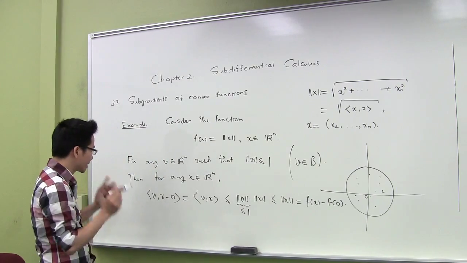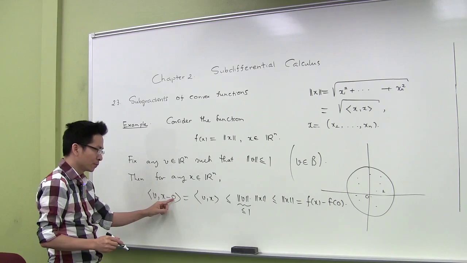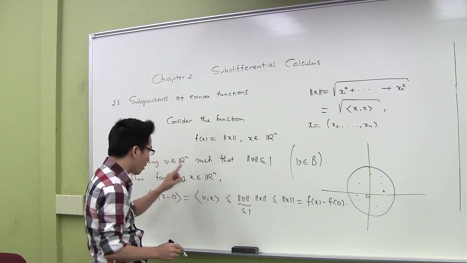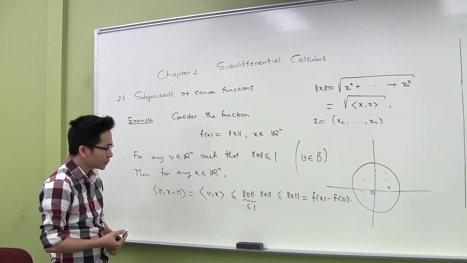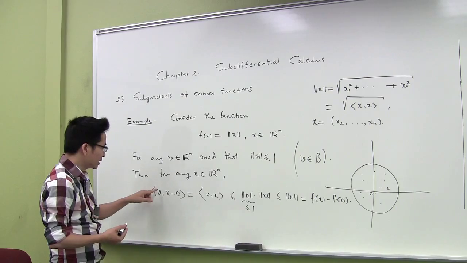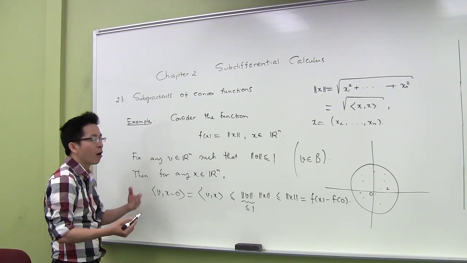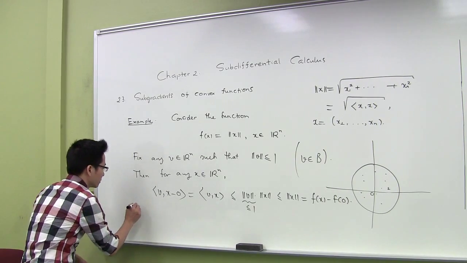So we have seen that the inner product of v and x minus 0 is less than or equal to f of x minus f of 0, and this is true for all x in Rn. By the definition of subgradients, v here is a subgradient of the function at 0, or v belongs to the subdifferential of the function at 0.